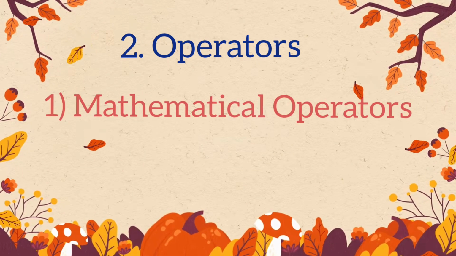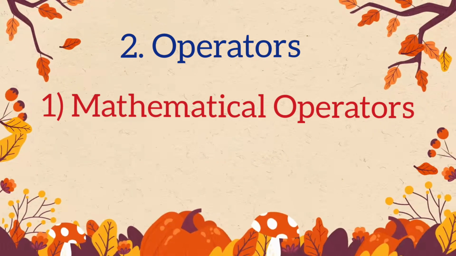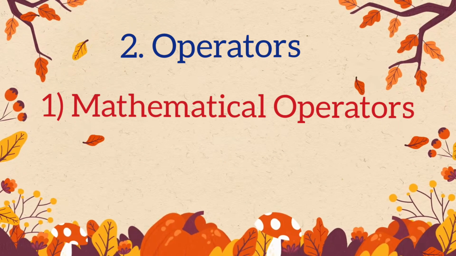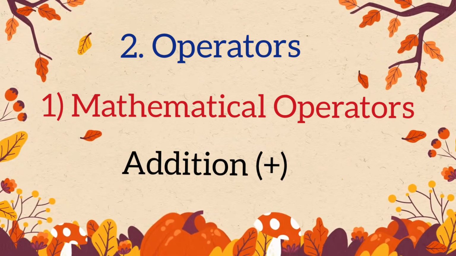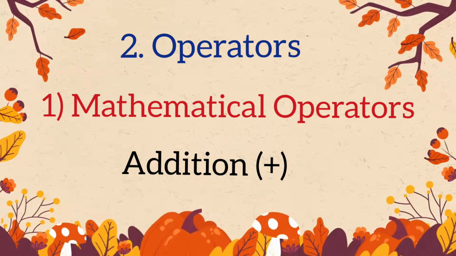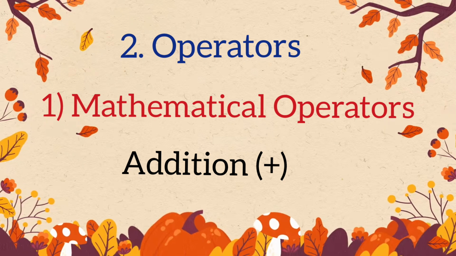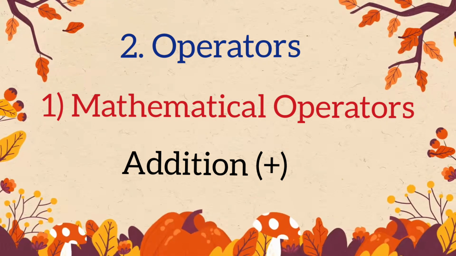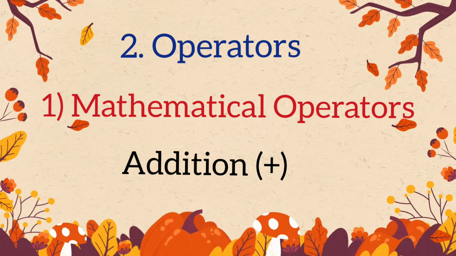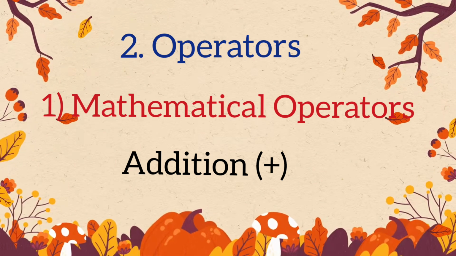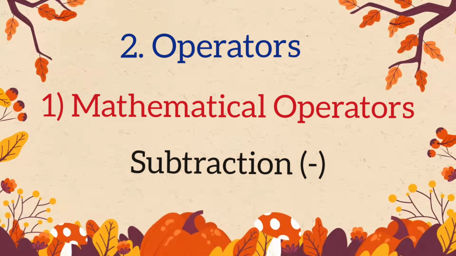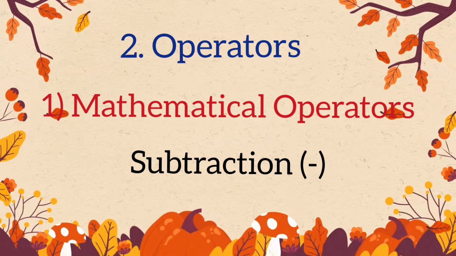First is mathematical operators, which you have already studied in maths in lower classes. First is plus. You know that when you add two numbers, or two variables which contain numbers, like when you have taken input numbers into variables and then add them, that is plus. Then subtraction, minus, you can also subtract two values.